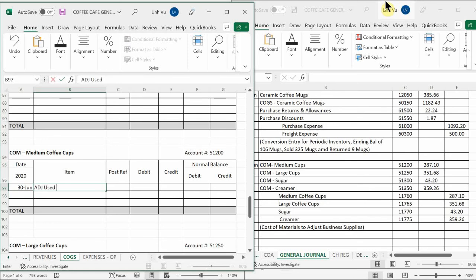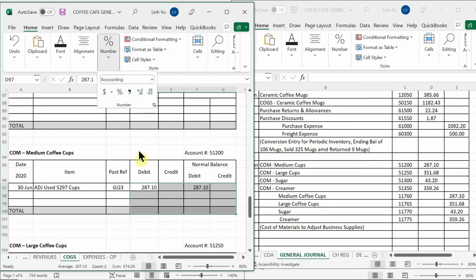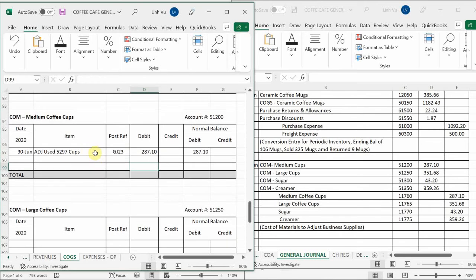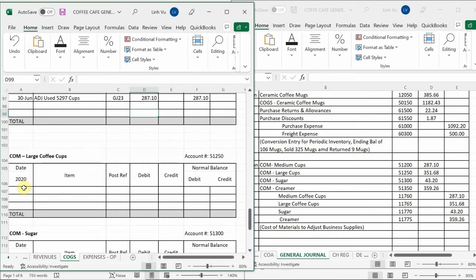You used 5,297 cups, for a total of 287.10. If you want to put the cost per item, you can right here.